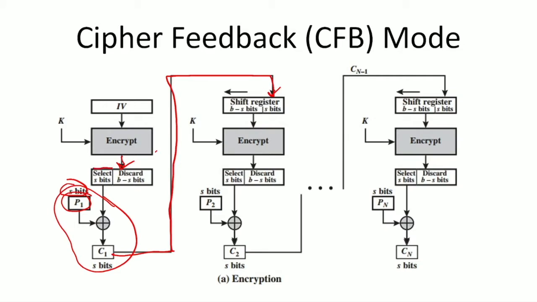Let's say if it's CFB8, we're going to select the first 8 bits and discard the remaining bits. For instance, if we were to use AES, it is going to give us 128 bits. We'll take the first 8 bits and discard the remaining 120 bits. So then this is 8 bits, and we XOR that with 8 bits of plaintext to get, again, 8 bits of ciphertext.